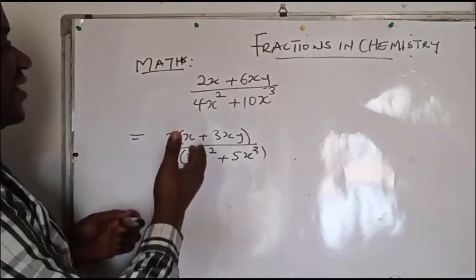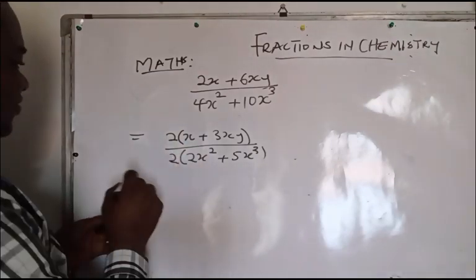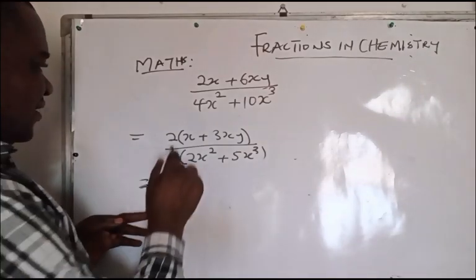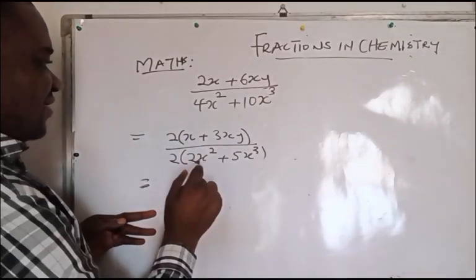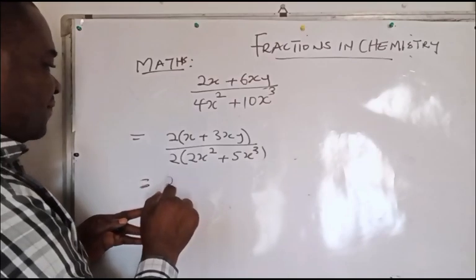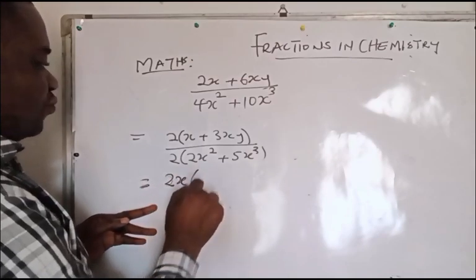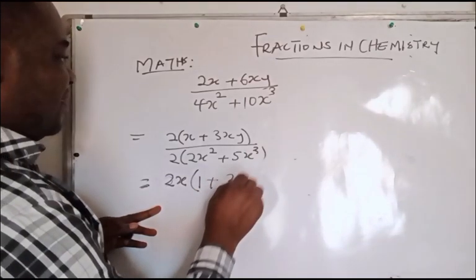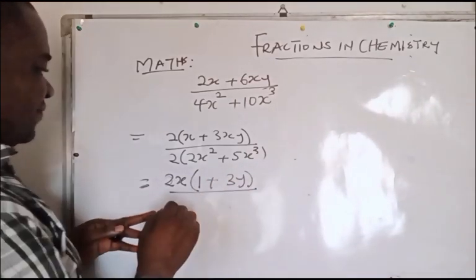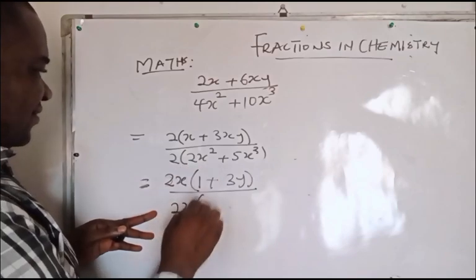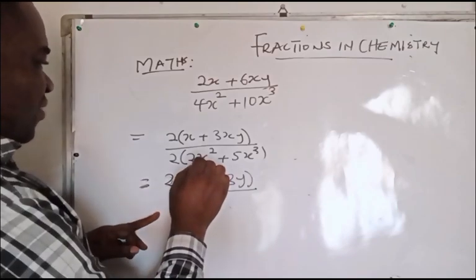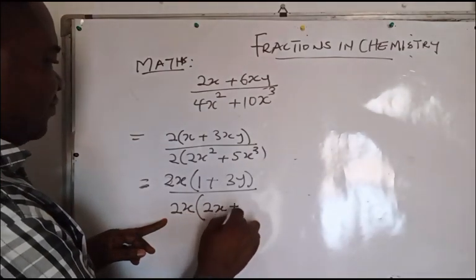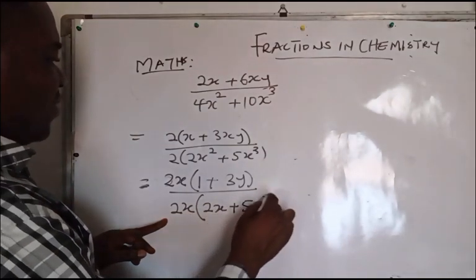But we still have a common factor even inside here. And that common factor is x. So we can do with x too. So we can put x here and x here, x here and x here. So we can pull it out. So we have here 2x to 1 because there's no more x here, plus what? Plus 3y. And then we have all over what? 2x. Because there is only one x remaining, we have 2x plus what? 5x squared.